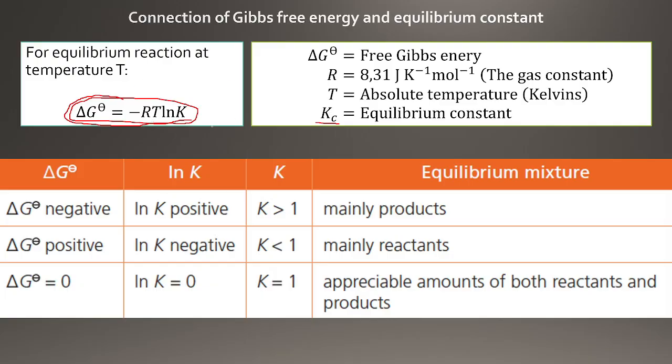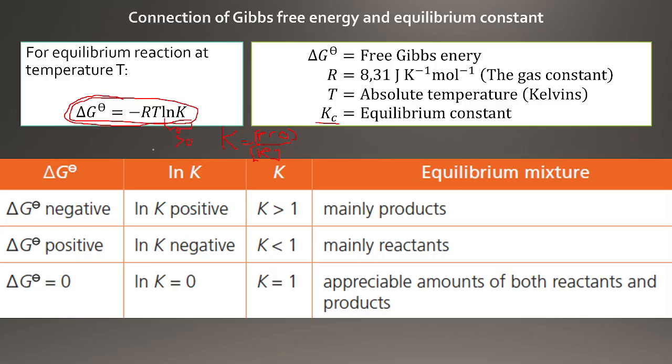So if you take a look at this formula, the K was the ratio of the products and reactants. There were concentrations, multiplication, stuff like that. But if the amount of products is greater than reactants, and you get a number greater than 1, then this ln term will be greater than 0.